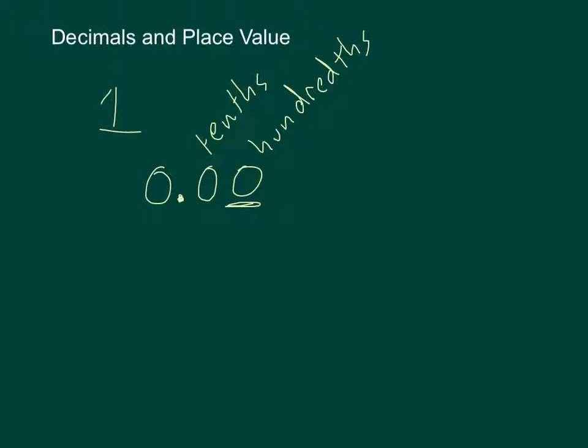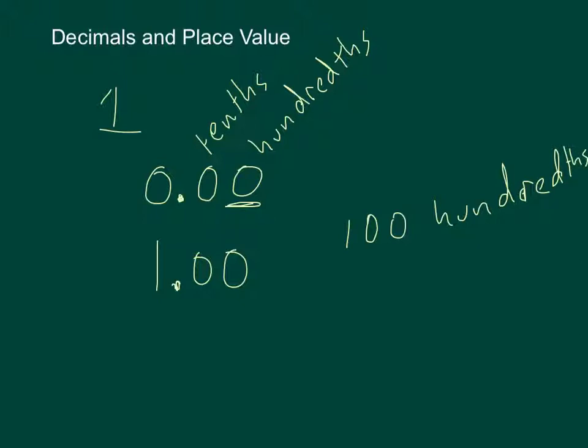If we wanted to write the number 1 in terms of hundredths, it would be written like this, 1.00, and you could read that as 100 hundredths. 100 hundredths is the same thing as 1. So 1 whole is 100 hundredths.